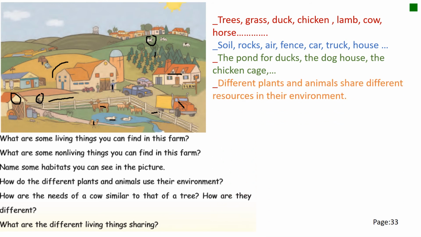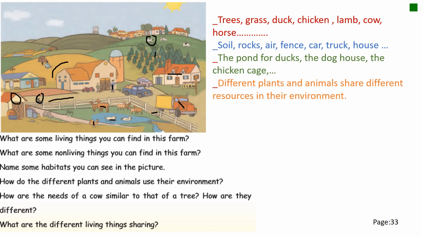How are the needs of a cow similar to those of a tree? A cow and a tree are both living things, which means they need water, food, a place to live in, and air.